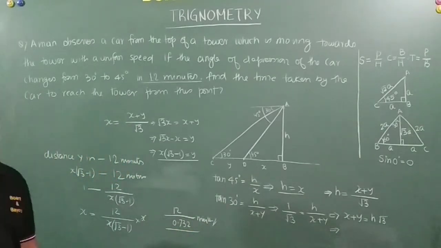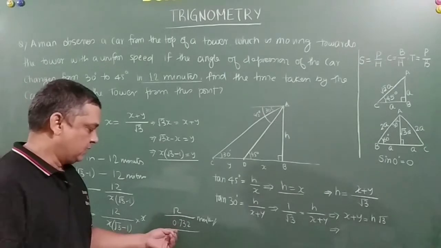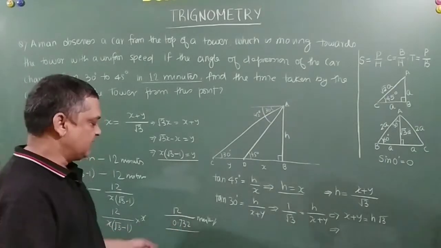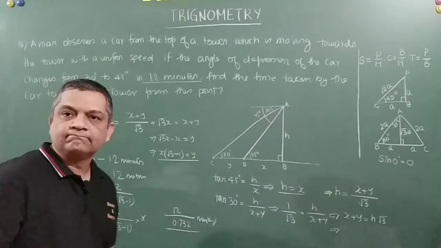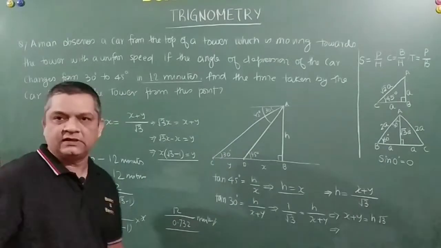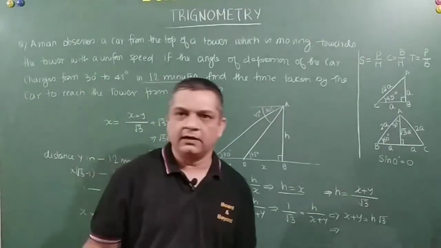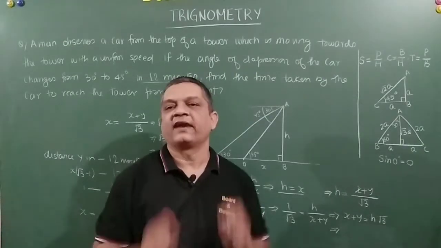Right friends? So if you divide it, this will basically give you an answer of 16 point something. Shall we do it or we can leave it here? It's a simple division which you can do at your place, and that will be 16 point some fraction in minutes.